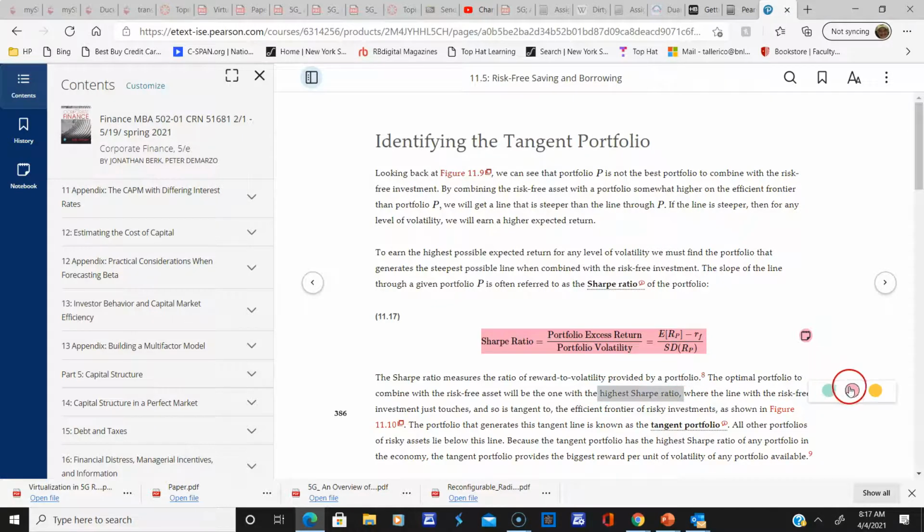Now, it looks very similar to the capital asset pricing model, and it is in the following sense. The portfolio with regard to the capital asset pricing model is the portfolio of the S&P 500. So I'm going to shoot ahead there.